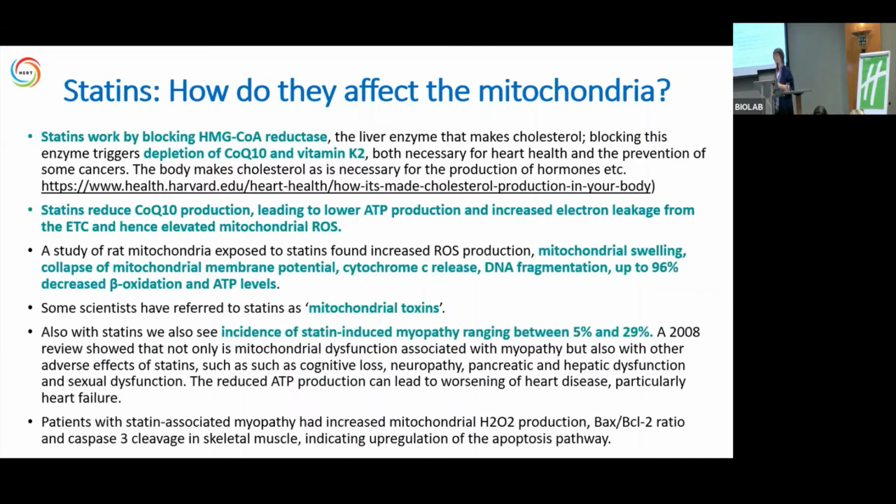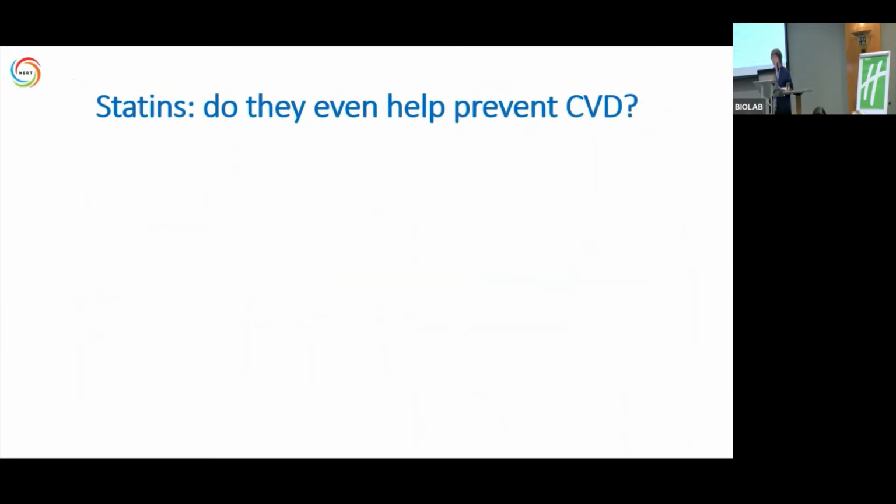And of course, that's not to mention the incidence of statin-induced myopathy. Depending upon which study you look at, the incidence is either 5% or 29% or somewhere in between. But this wouldn't be so bad, would it, if statins actually prevented cardiovascular disease? Oh, you know what's coming, don't you?